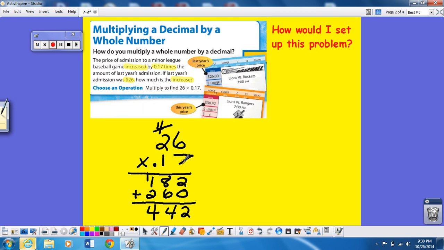So there's two digits past the decimal point, which means in our answer we have to have 2 digits past the decimal point. Okay, so the biggest thing to remember is multiply as usual, then count the digits after the decimal point in your problem. That's how many digits have to be after the decimal point in your answer.